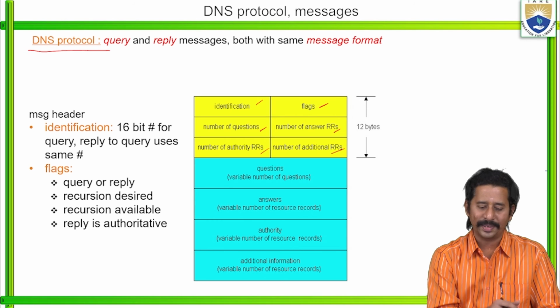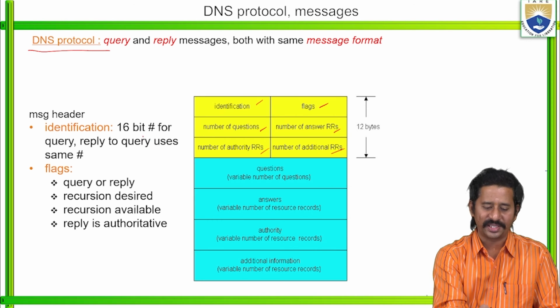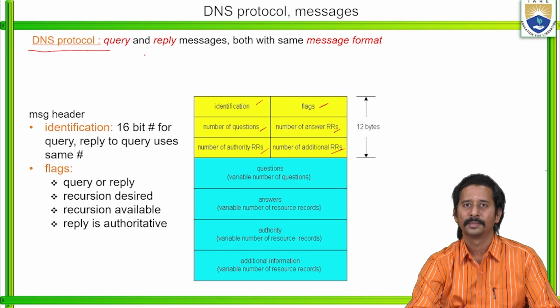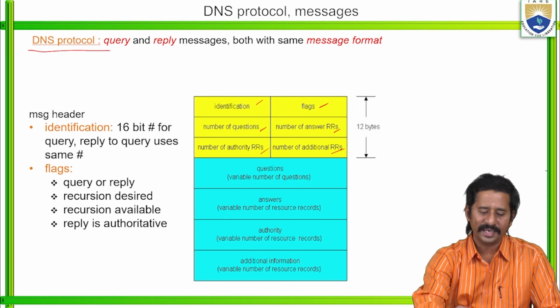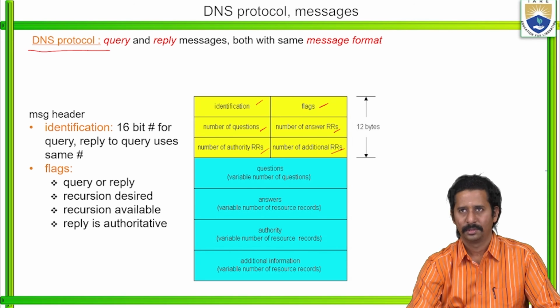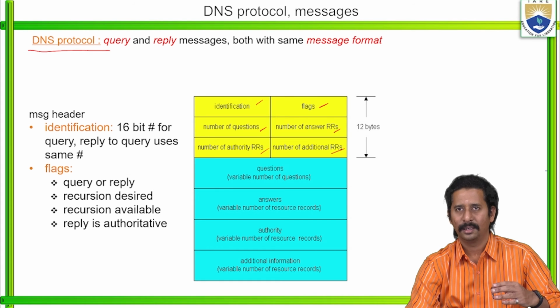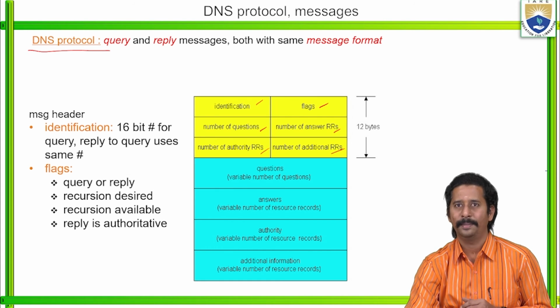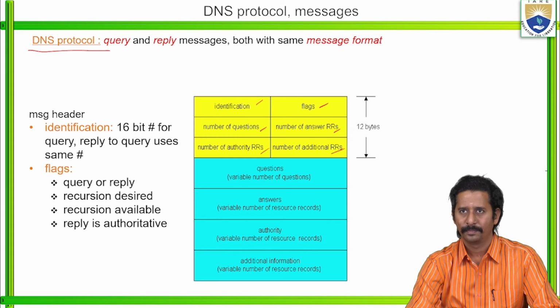In the message header, the identification consists of 16 bits for both the query as well as the reply. The flags indicate whether it is a query or reply, recursion desired, recursion available, and whether the reply is authoritative.